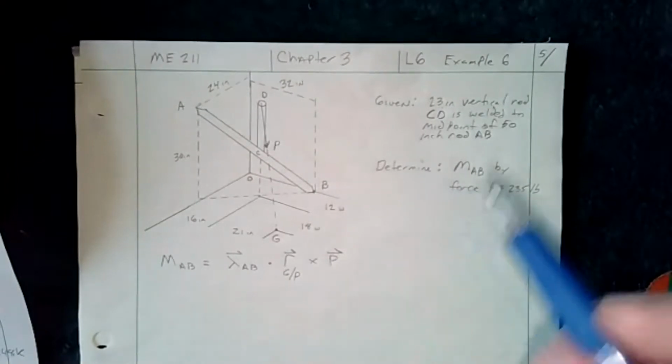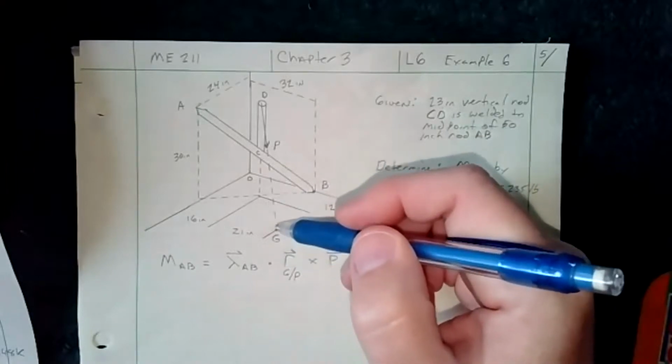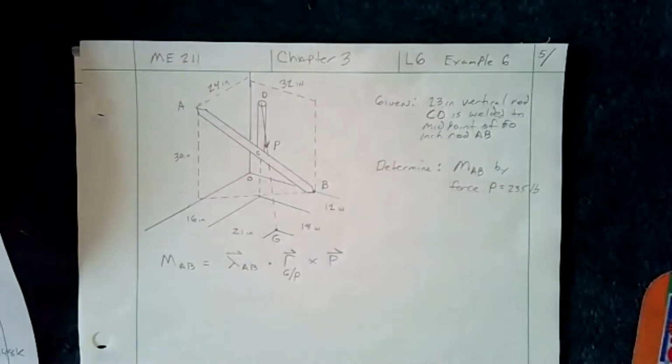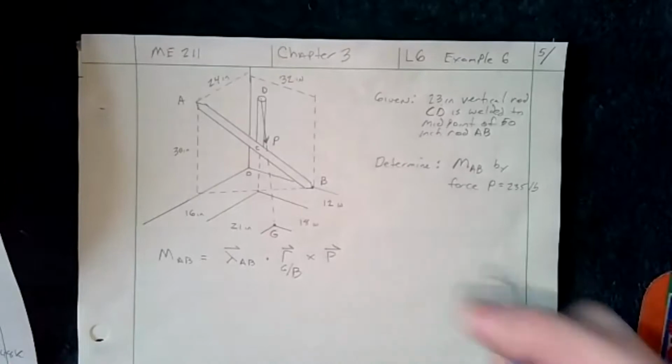Actually, wait. No, that's not what I chose. Let me back up a second. What I meant to say is G relative to B. I couldn't read my own writing.